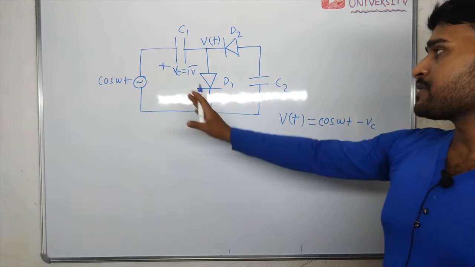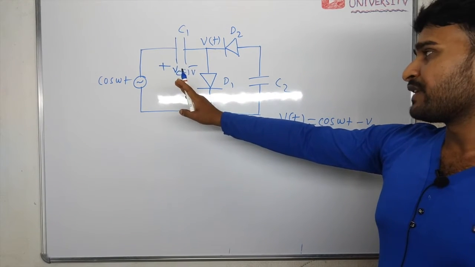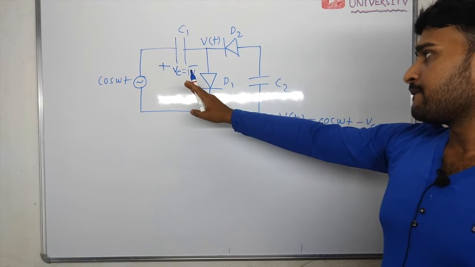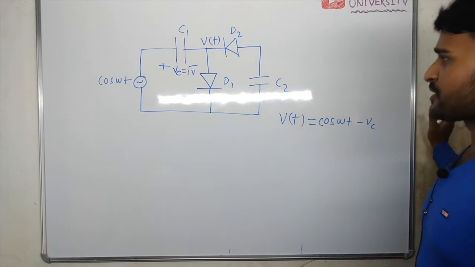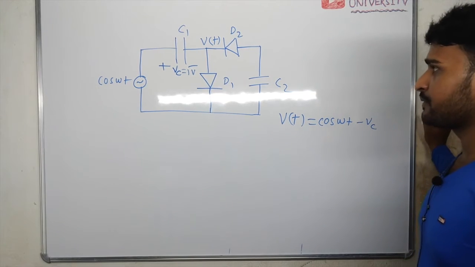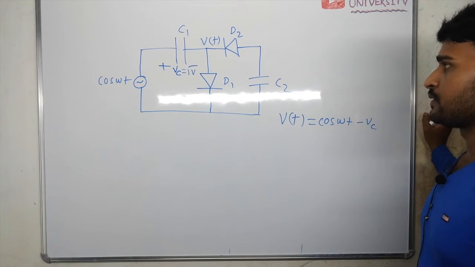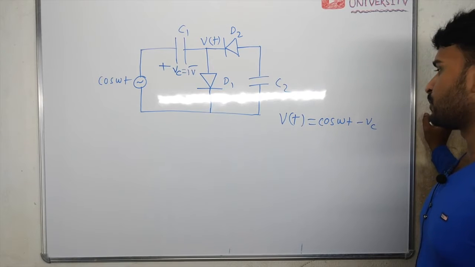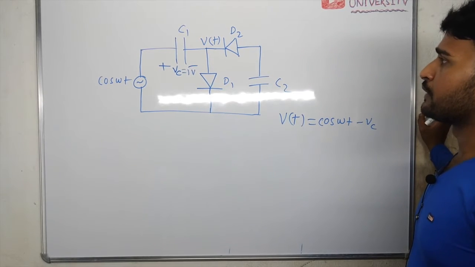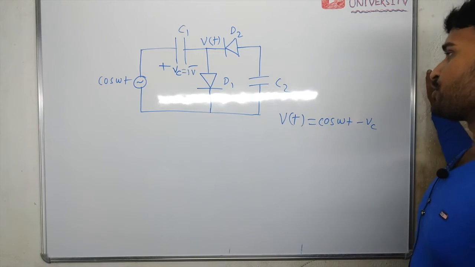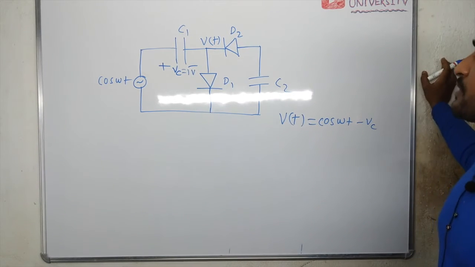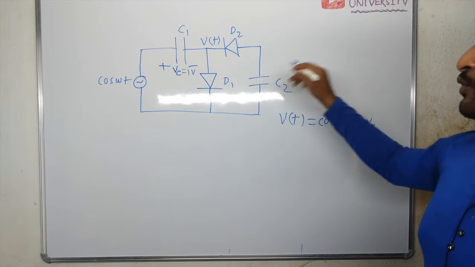And during the negative half cycle, this D1 will be reverse biased, so it will be open circuited, and D2 will be forward biased, and capacitor C2 will charge through D2.